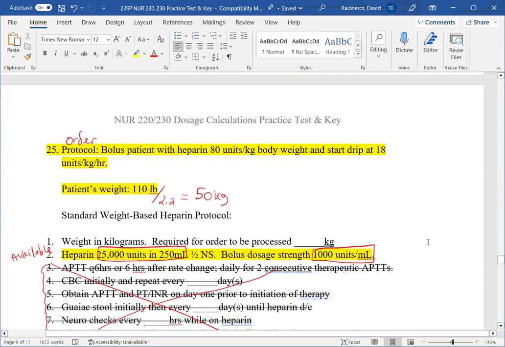If there are no other questions, I can work through another variation of the Heparin protocol. If you have other questions, just type them into chat or unmute and let me know.